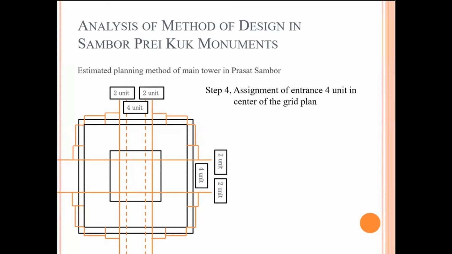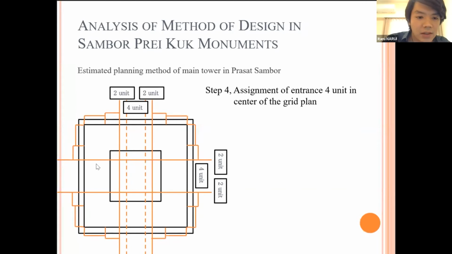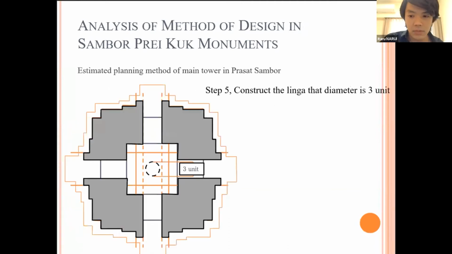And next, assignment of units in the center of the plate plan in order to construct the entrance. Finally, construct the linga and yoni. The diameter is 3 units. This is the estimated basic planning of the central tower in Prasat Sambor.